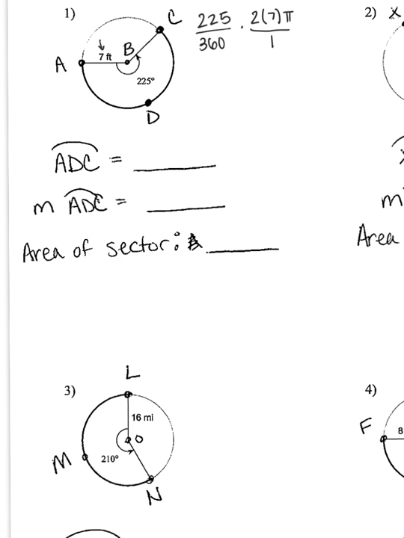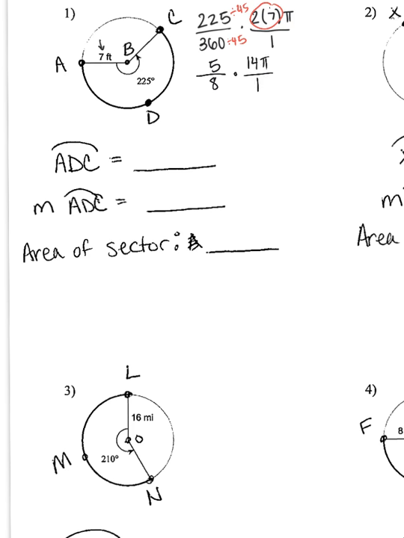So both the top and the bottom numbers, I'm going to divide by 45 just to make these numbers more friendly so I can work with easier fractions. 225 divided by 45 is 5, and 360 divided by 45 is 8. And then I have 2 times 7, which gives me 14 pi for the other fraction.